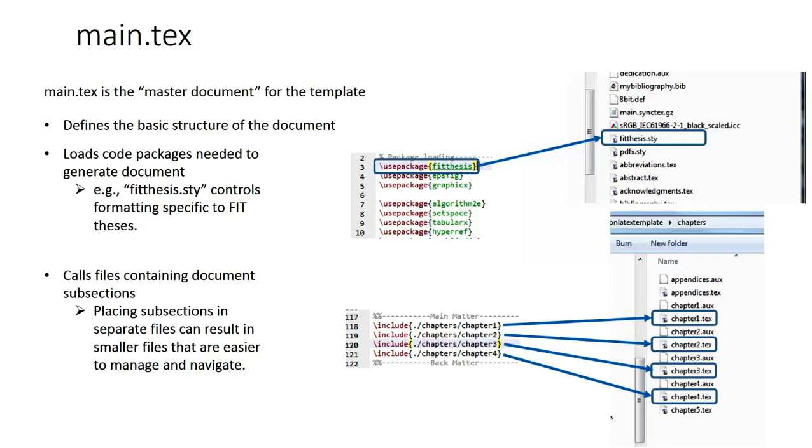And also it's used for calling in and incorporating those different subsections that I just pointed to. So at some point in the code in the main.tex file, you'll see these commands that say include. It's saying go to the subdirectory chapters and include chapter 1, chapter 2, chapter 3, chapter 4.